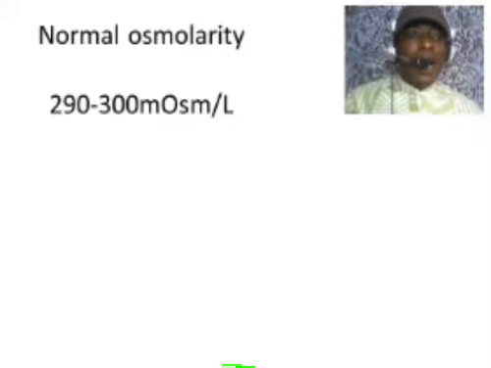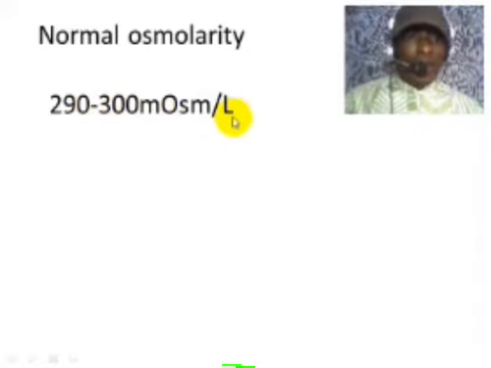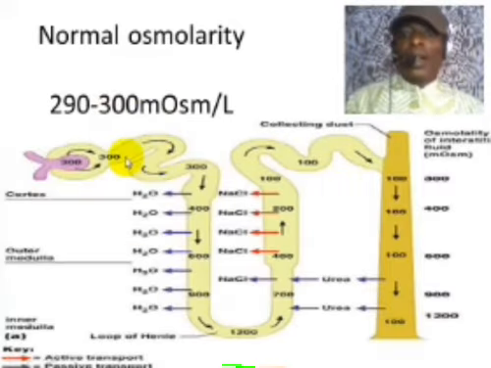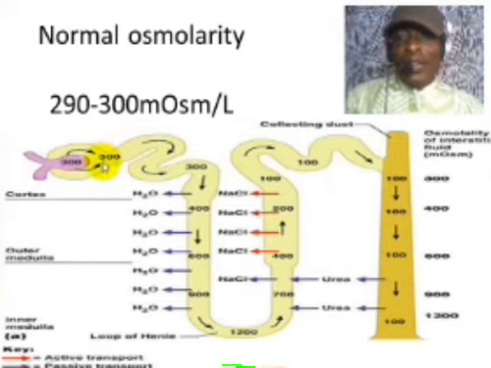The normal plasma osmolarity of the blood falls between 290 to 300 milliosmol per liter. I mentioned this in the previous module when we did urine formation. Now, in the proximal convoluted tubule, the osmolarity of the glomerular filtrate is 300 milliosmol per liter.